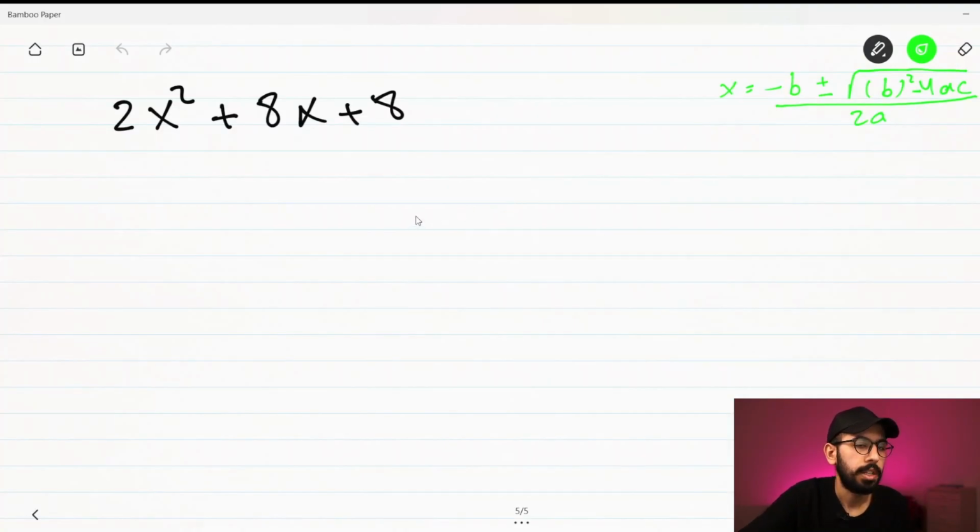Let's jump to the last example. In this example we have 2x squared plus 8x plus 8. We just need to put these numbers in this formula, and then this 2 here is our a, 8 is our b, and the other 8 is our c.